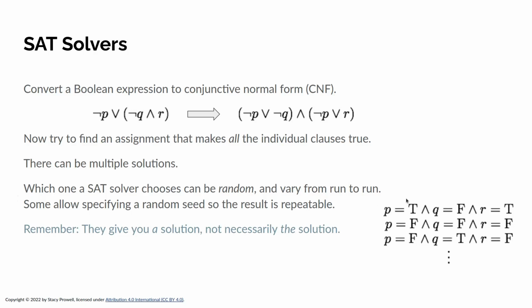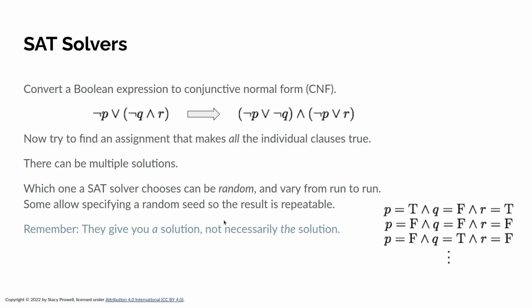Which one of these solutions will a SAT solver give you? Will it give you all of them? Probably not. It's going to choose one. It might be random, and it might vary from run to run. Some of these use randomization to seed their start. The idea being that the amortized time for the solver to run is faster if I randomly pick a starting point.